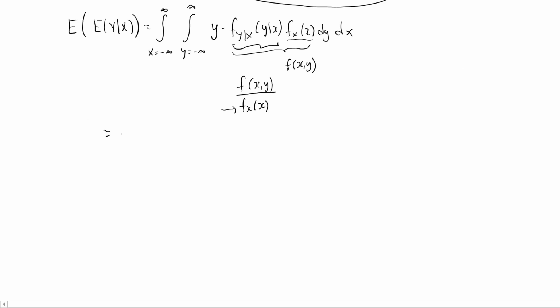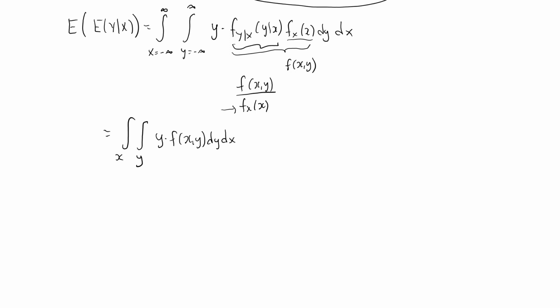The whole thing is then equal to the integral over x from minus infinity to infinity, or whatever the range is of x, integral over y times f of x comma y, dy dx. If the PDF is well behaved, then I can switch these integrals around. So I can write this as the integral over y, the integral over x. For the integral over x, I can take the y outside.